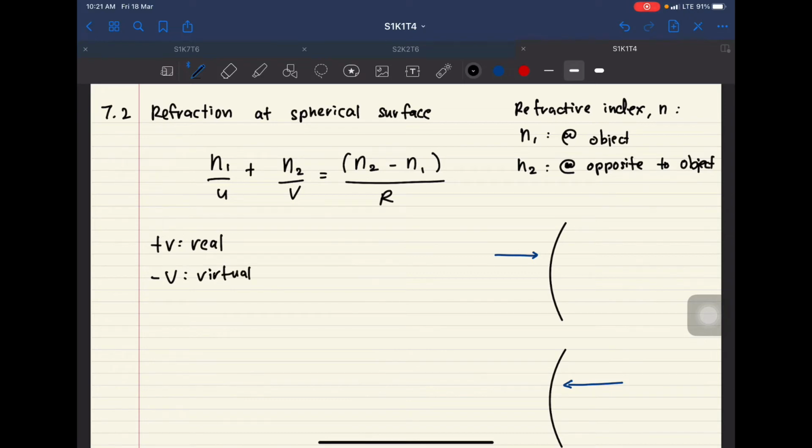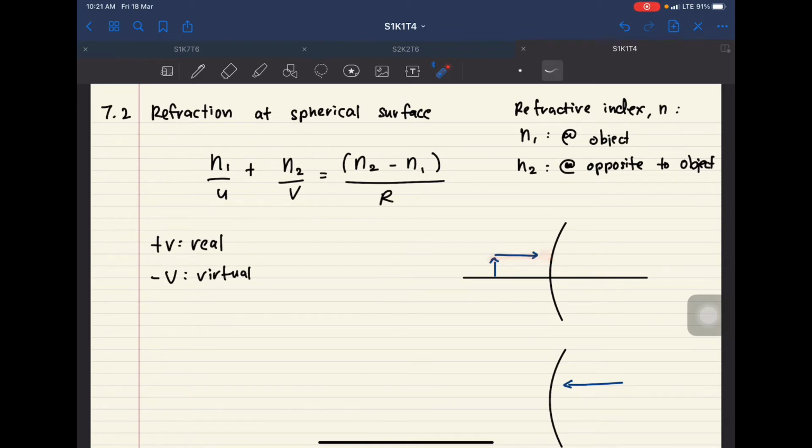Okay, but the concept is slightly different with the mirror. Okay, because as you can see that this one, refraction, the lights are supposed to pass through. So let's say this is my object. Okay, the lights will come from here, the ray diagram will come from the object, and then it hit a surface.